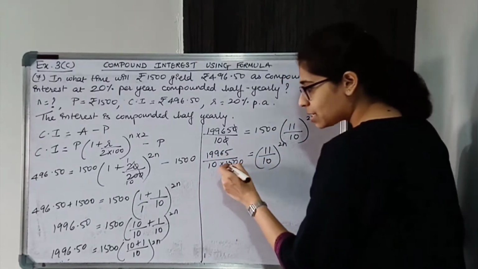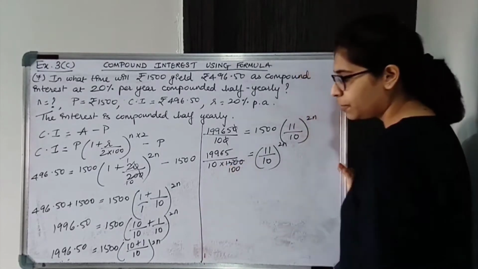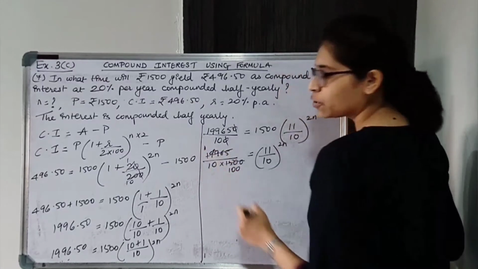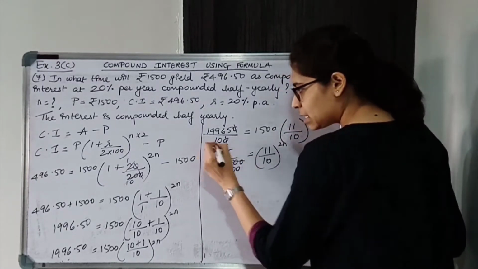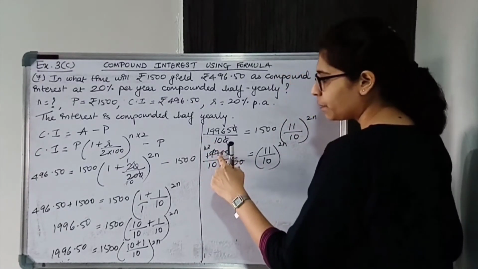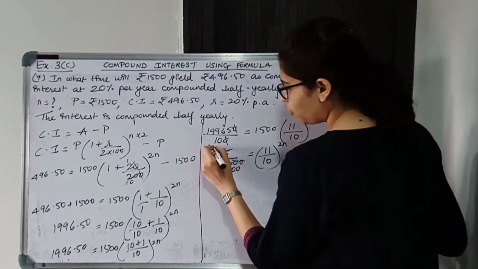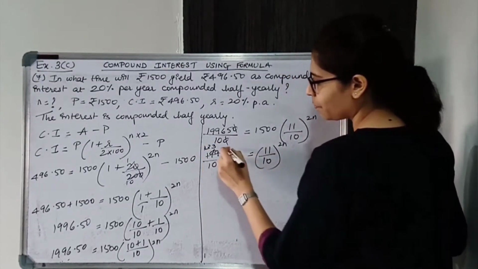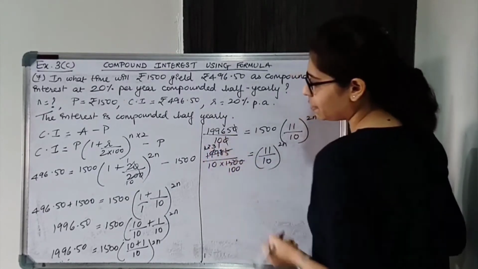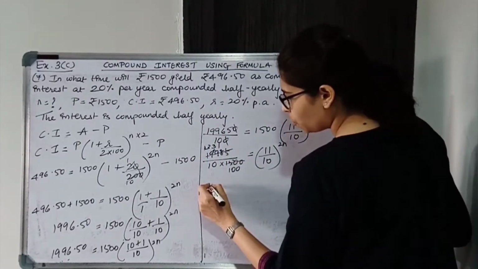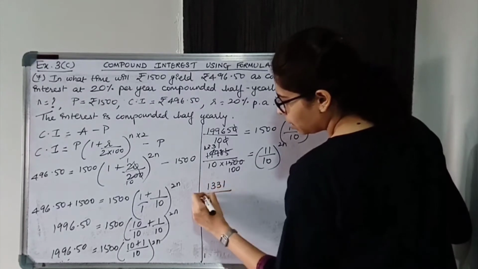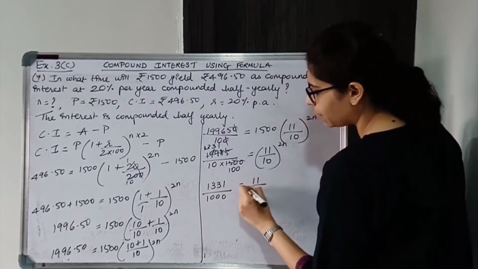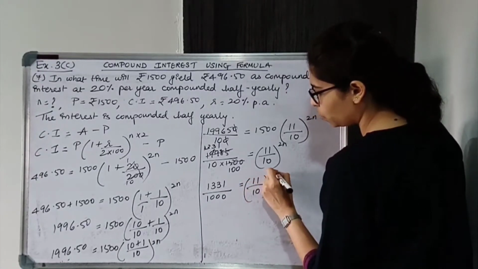Let's try to cancel by 15. 15 hundreds are 15, ones are 15, 4 remains. So 15 3s are 45. Okay, so again 4 will remain, so 46. 15 3s are 45, 1 will remain, so 15 ones are 15. Okay, so we get 1331 upon 1000 is equal to (11 upon 10) raised to 2n.